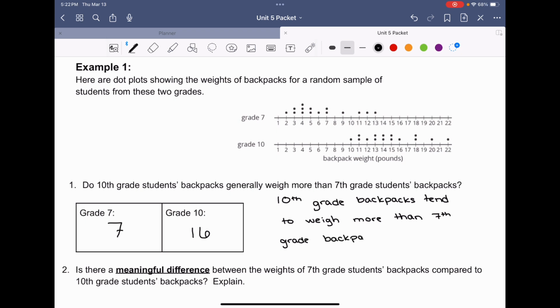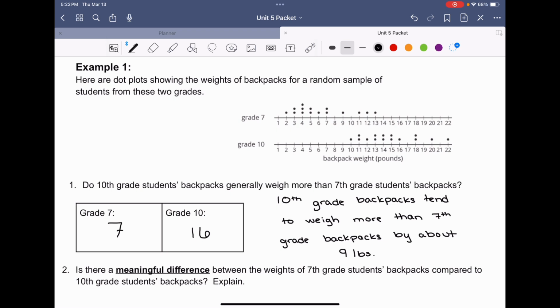And let's add in a little bit more information. We'll say by about 9 pounds, which is the difference between 16 and 7.